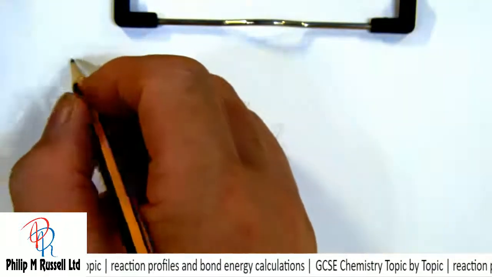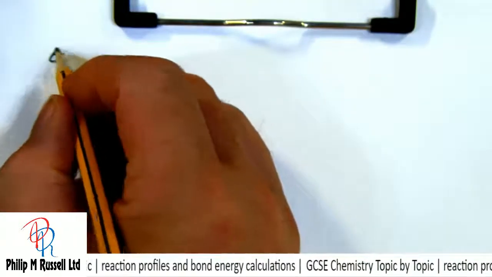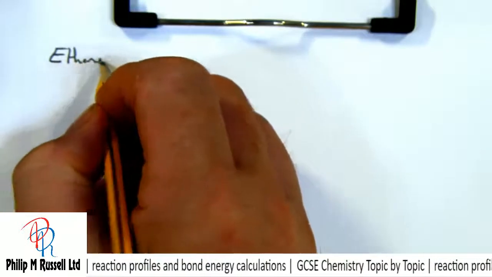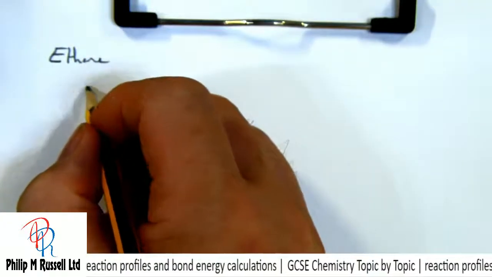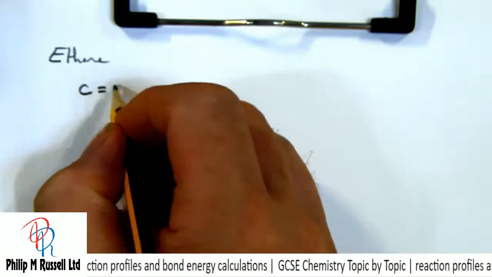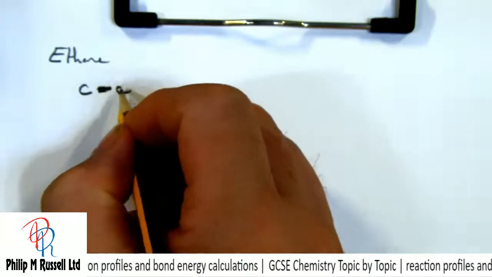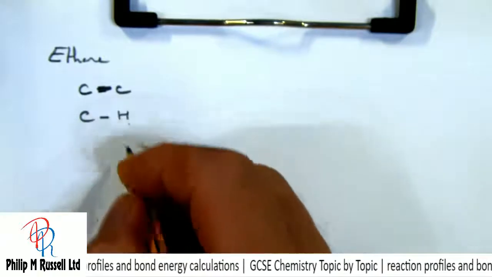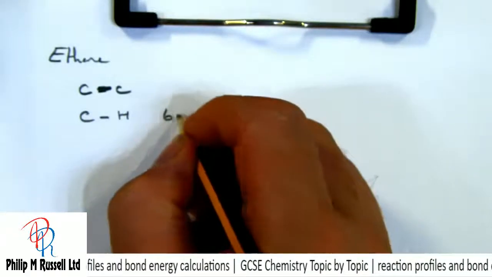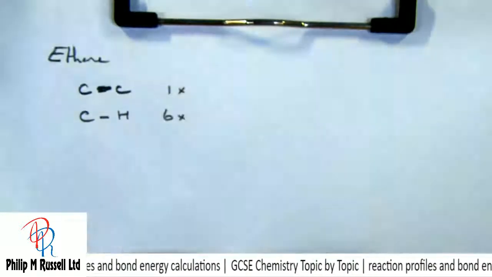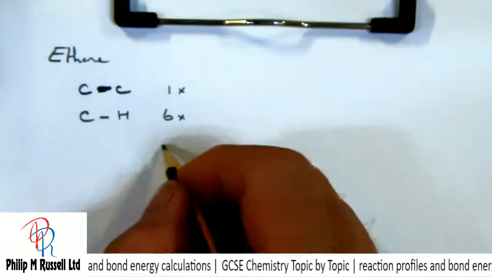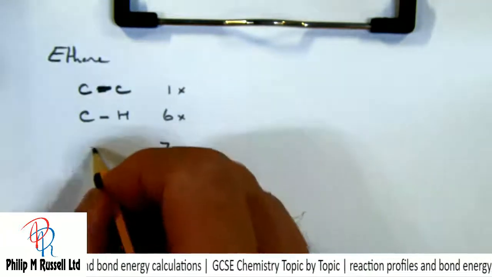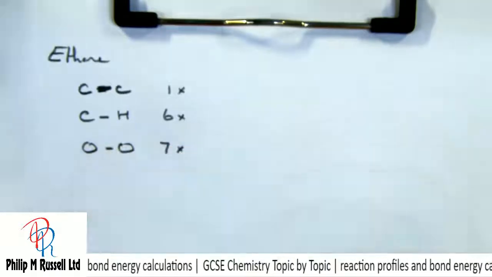So what's ethane got? Well, ethane has got a carbon-carbon single bond, and we've got a carbon-hydrogen bond, and there's 6 of those. There's 1 of these, and I've got 7 lots of my oxygen bond.